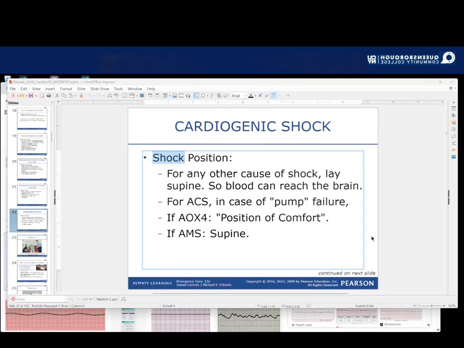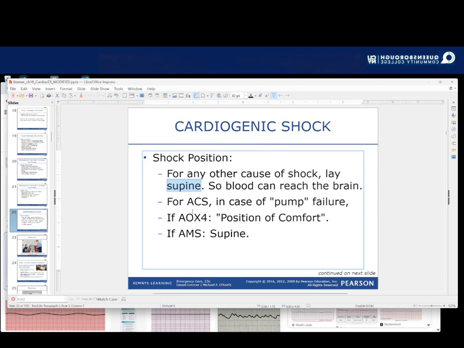So in any other shock, you absolutely must keep them flat on the ground. And when you put a patient on the ground, or make them lay flat, then you want to put them supine so you can better assess the airway.